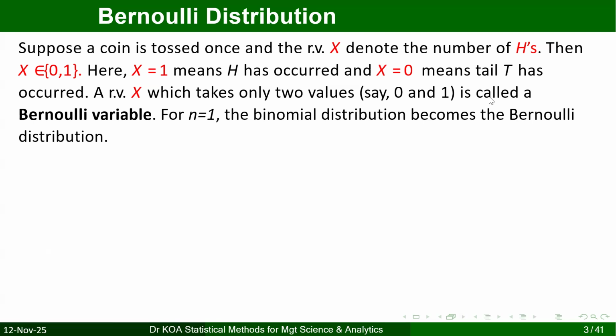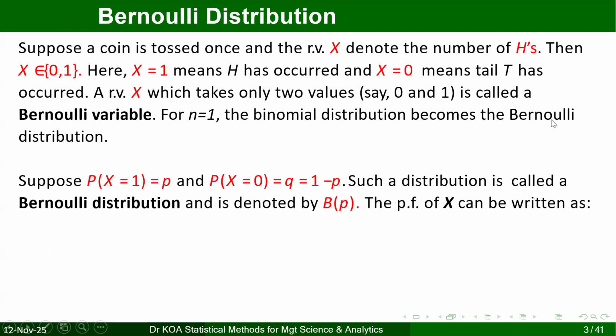So the binomial distribution becomes a Bernoulli distribution in this case. Now, if the probability that X is equal to 1, or that X is happening, is P, then the probability that X is not happening is Q, which is 1 minus P.